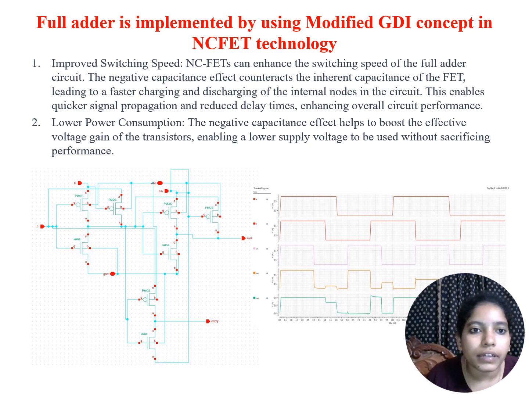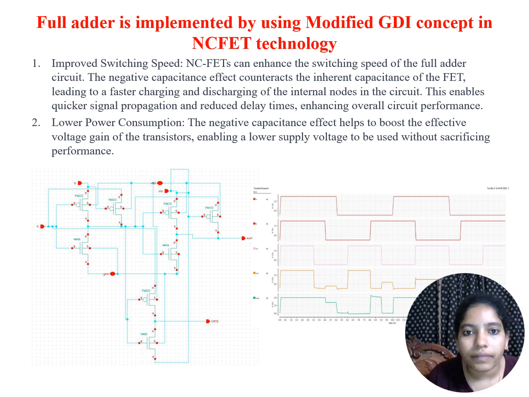What are the advantages of using this NCFET technology with the help of the modified GDI technique? It improves the switching speed of the circuit as well as lowers the power consumption. Let us talk about the improved switching speed of the circuit. Generally, NCFETs will enhance the switching speed of the full adder circuit.